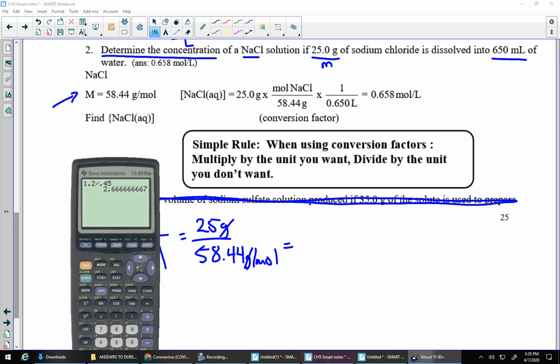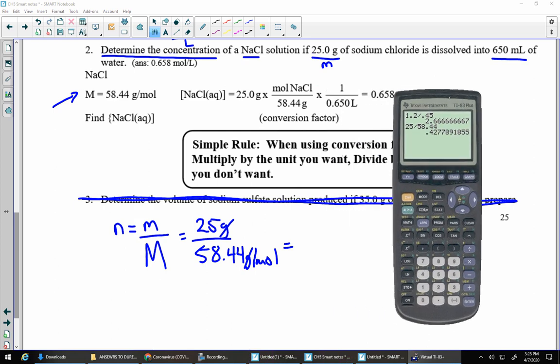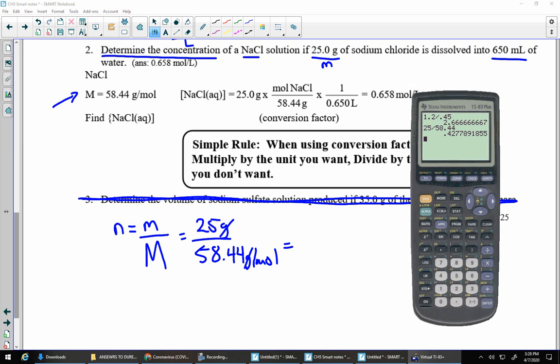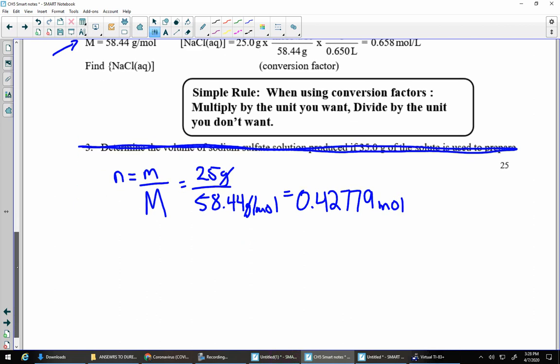I don't actually know, so I'm going to plug it in. 25 divided by 58.44. So apparently that's 0.4277, I'm going to round it off at 9 moles. Cool. So this is again using memorized formulas. We just kind of plug in there.